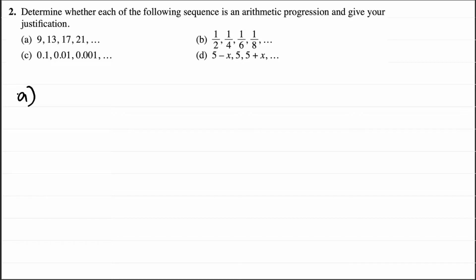Now determine whether each of the following sequences is an arithmetic progression and give your reason. So in order to determine whether the sequence is an arithmetic progression is by finding the common difference. So untuk A ni, cuba kita tolak the second term with the first term. So 13 minus 9 is 4. And then cuba kita tolak 17 minus 13, kita dapat 4. Then 21 minus 17, kita dapat 4.